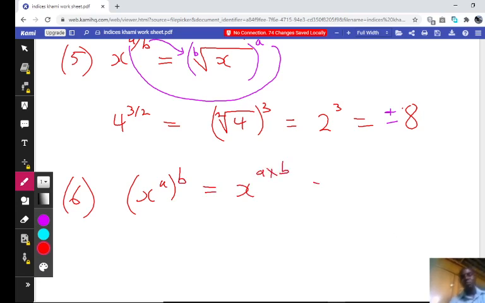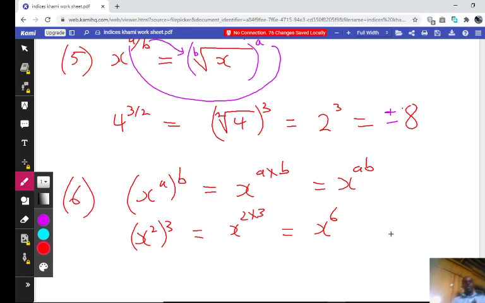You just multiply the powers. Example, x to the power 2, then to the power 3, is equal to x to the power 2 times 3, which is x to the power 6.